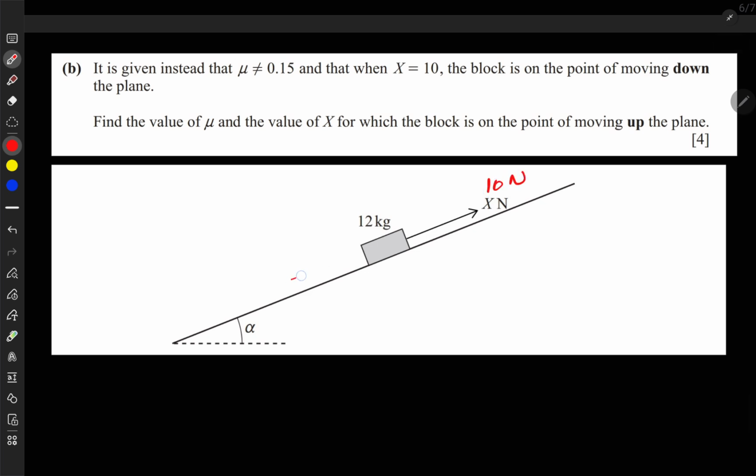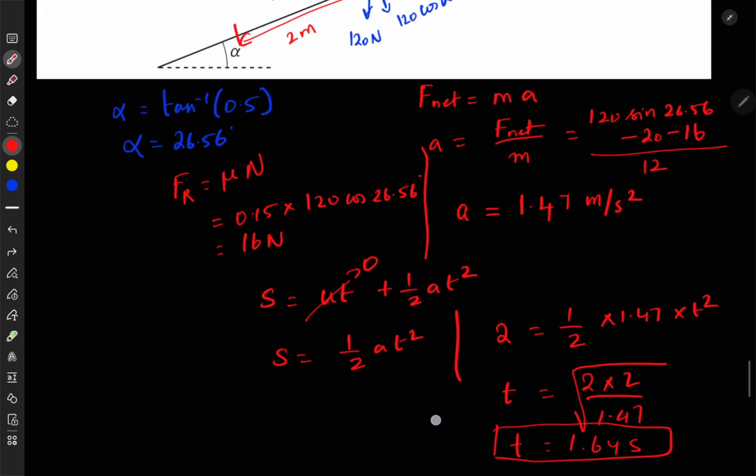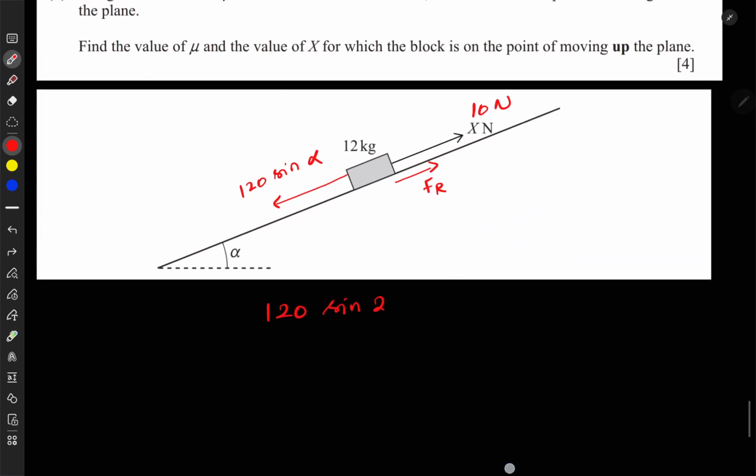Here again it will be 120 sine alpha, and it is just going down the plane, so friction will be acting up the plane. Now it is in equilibrium, so I can find the friction with the help of this. 120 sine of 26.56, alpha is not changing, equals 10 plus Fr.